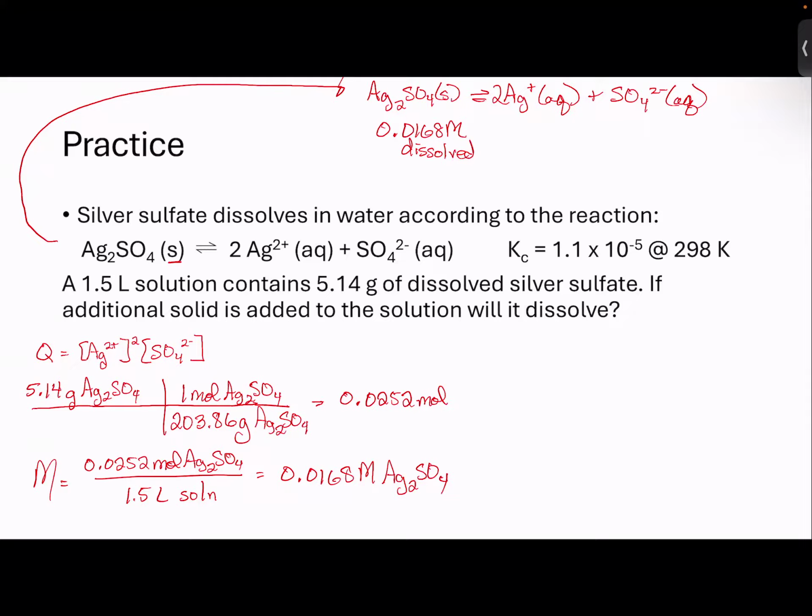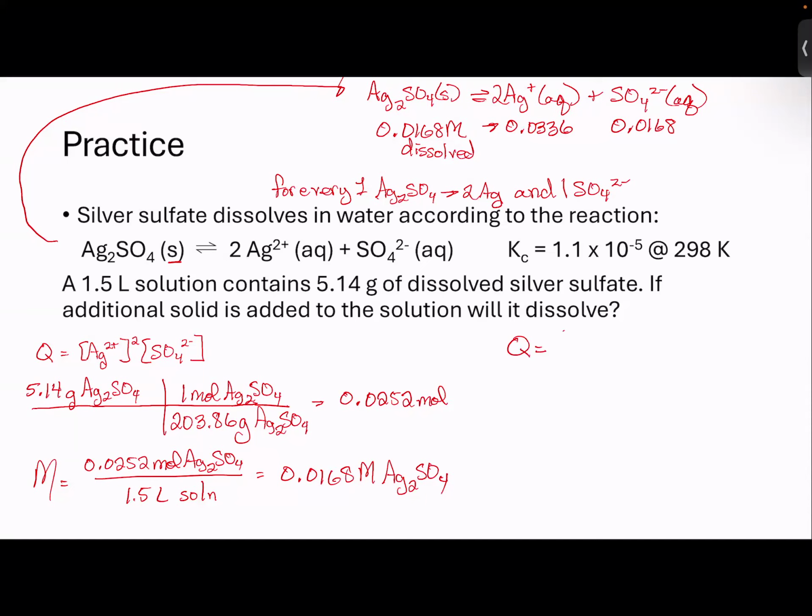According to this equation, for every 1 Ag2SO4, you get 2 Ag. So in other words, the concentration for the silver is 0.0336, and the concentration for the sulfate is 0.0168, because it's in a 1-to-1 ratio. So these are the concentrations we're going to plug into our Q expression.